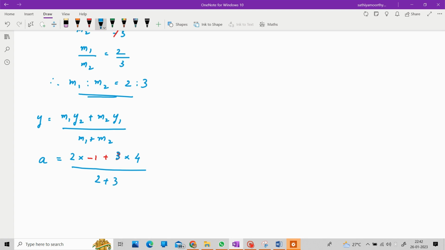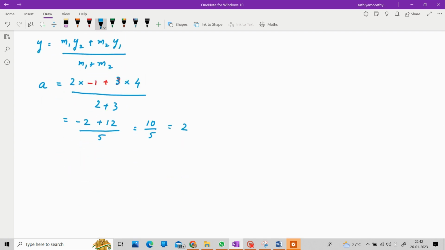Okay, now let me simplify it. 2 into minus 1 is minus 2 plus 3 into 4 is 12 divided by 2 plus 3 is 5. So this is equal to 10 by 5, which is equal to 2. So we have found out the a value. A is equal to 2.